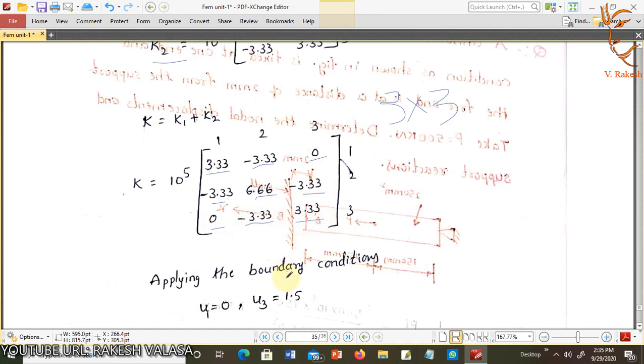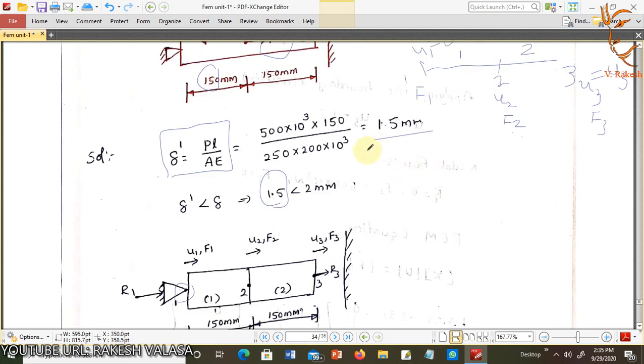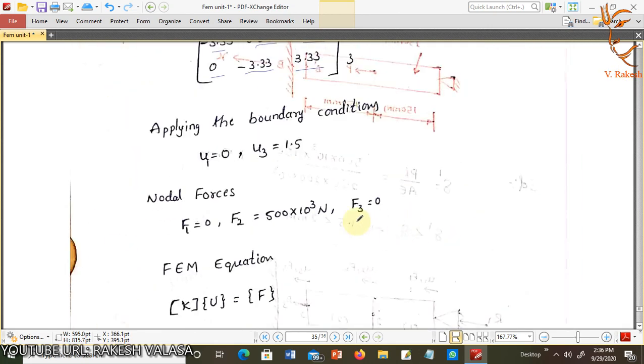Now apply the boundary conditions. In this, node 1 is fixed. That means u1 is 0, u3 is already calculated, that is 1.5 mm. Similarly, you can write the nodal forces: node 1 is fixed, so you can take F1 as 0, F2 is given, that is 500 kilonewtons, F3 is 0.